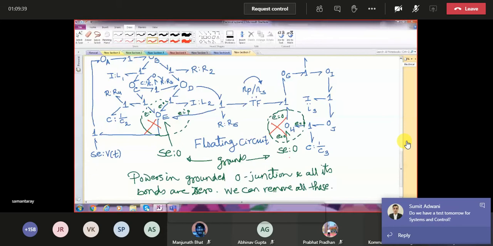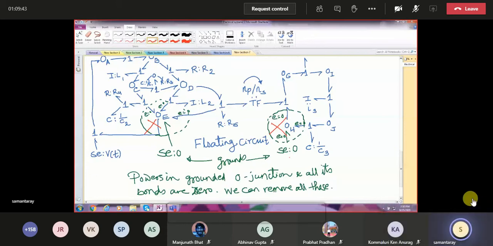We see that after removing these, some junctions, this junction, let's say, these, these, this. What do we know? Junctions with 2 bonds only can be removed.